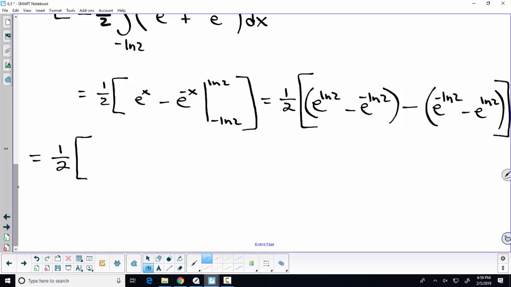Up with an exact value for this. e to the ln2 is equal to 2. e to the negative ln2 is 1/2. So again, minus 1/2, minus 2.